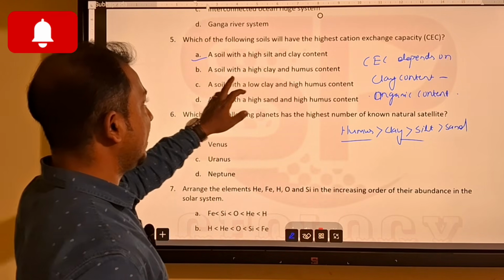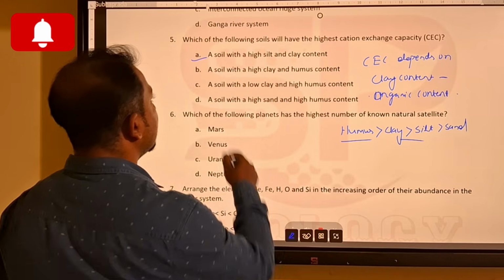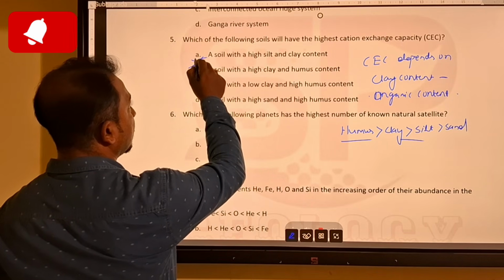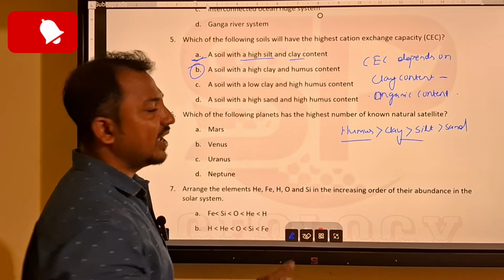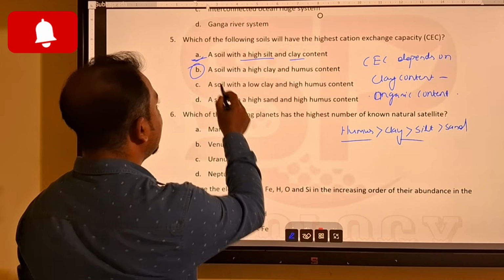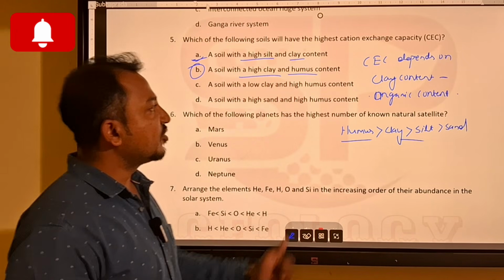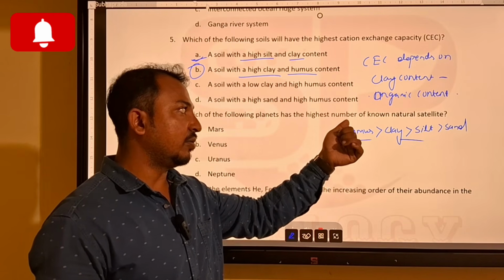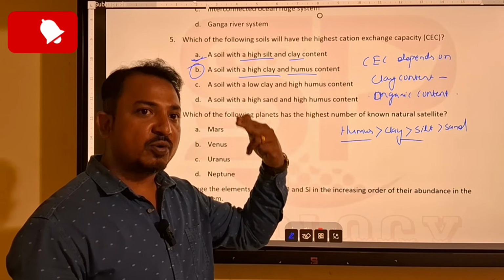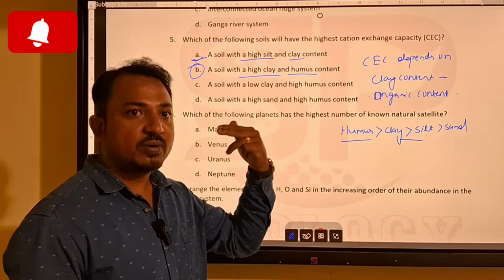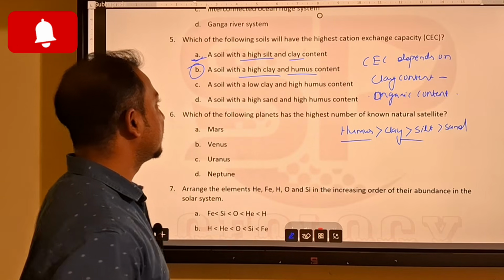The soil with high clay and humus content will be the answer. High silt and clay content has more CEC, but not more than high clay and humus content, because it mostly depends upon the clay and organic matter.